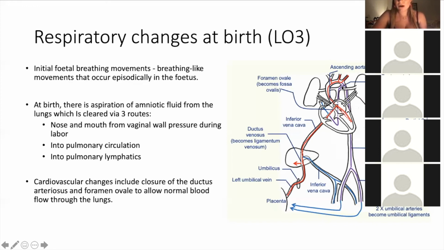So these are both open in the embryo before it's born, and it allows the bypassage of blood through the lungs. Obviously they're not using their lungs when they're still in the mother, and it allows this blood to be transferred from either side of the heart and bypass the lungs, and then this oxygenated blood can be pumped up into the aortic arch, and it can go down the abdominal aorta into the iliac arteries and so on to the limbs.